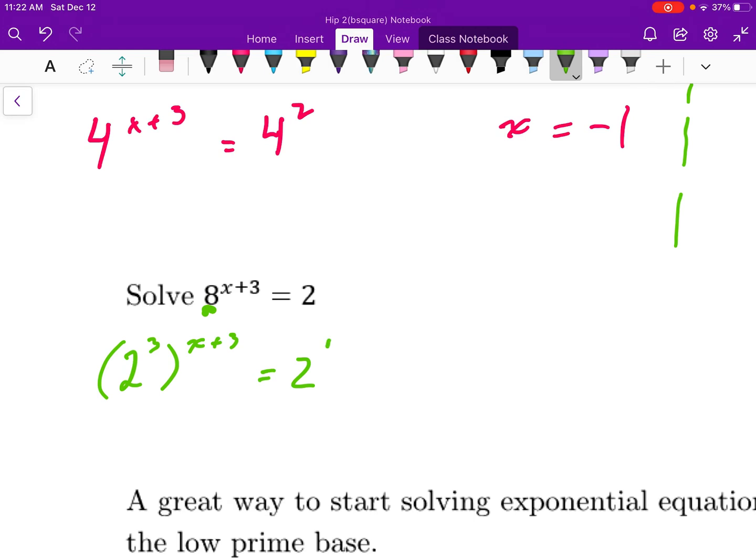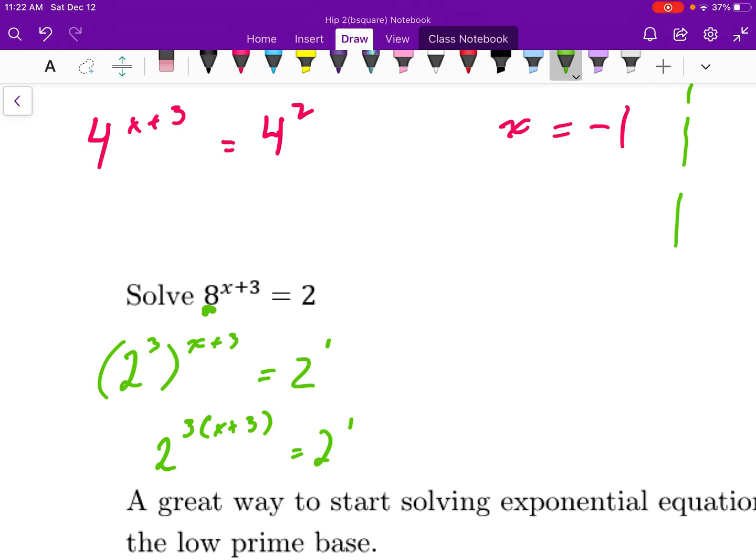Now I should make sure that it's 2 to the power of 1. Right now, I'm going to rewrite the left-hand side by using the power of a power rule. So 2 to the power of 3 times x plus 3 is equal to 2 to the power of 1.